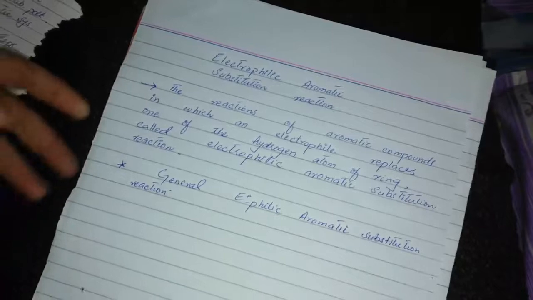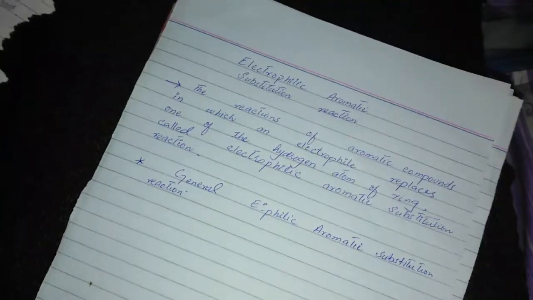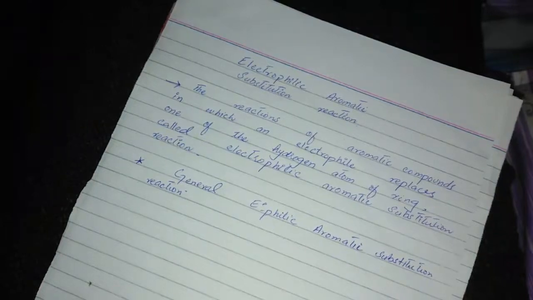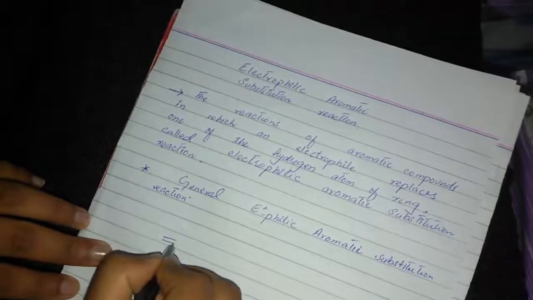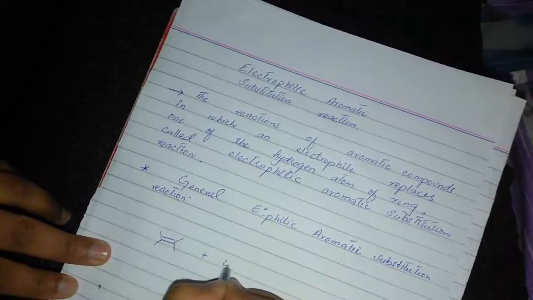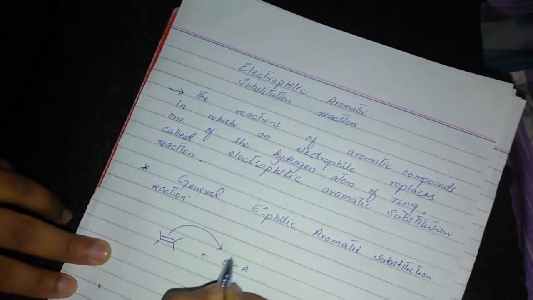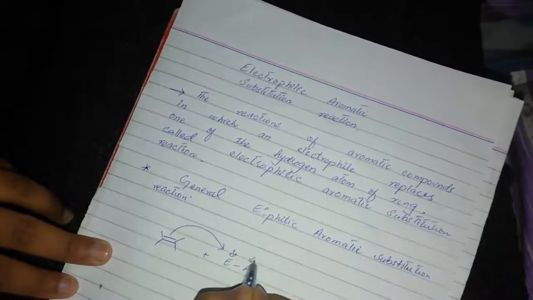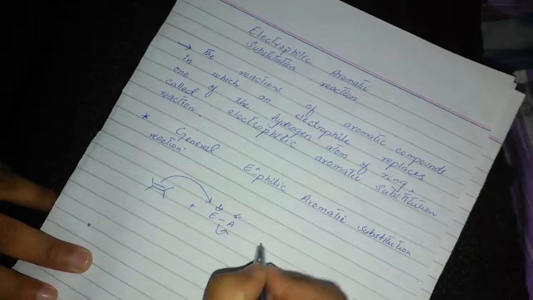This is basic, and this is exactly like the alkene system. As in the alkene system, the pi electrons attack the electrophile, as we can see in the example over here. These pi electrons attack the electrophile, which is partial positive, and this is partial negative. Okay, and this will then leave.